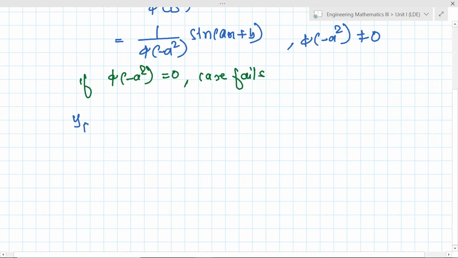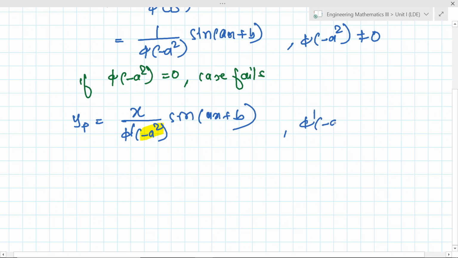So yp is equal to 1 upon phi dash of minus a square, multiplied by x, and we replace D square by minus a square, so sine of ax plus b, provided that phi dash of minus a square is not equal to 0. If it is 0, again take the derivative and continue the procedure till you get a non-zero denominator. We want the non-zero denominator here.